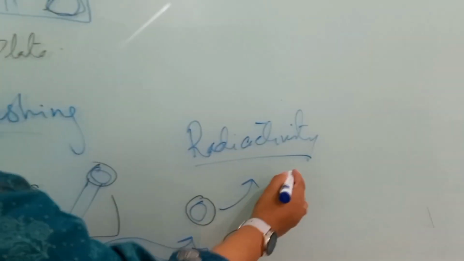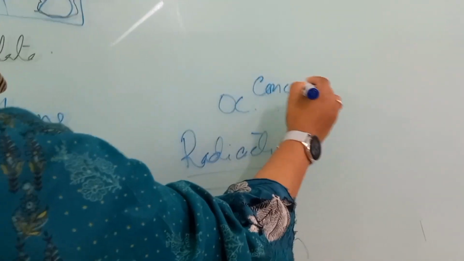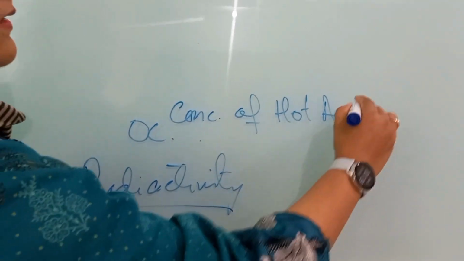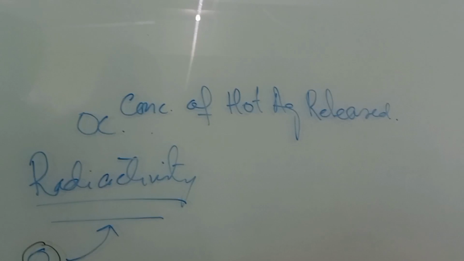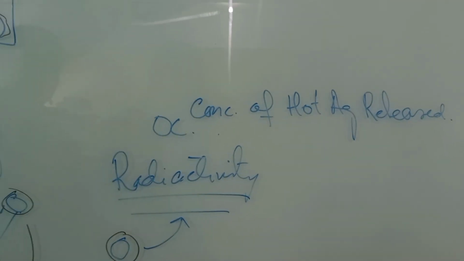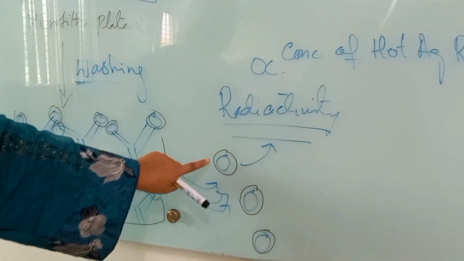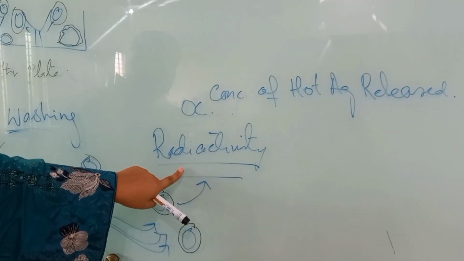And this radioactivity will be proportional to the concentration of hot antigens released. That means the number of hot antigens released can be measured by the amount of radioactivity.